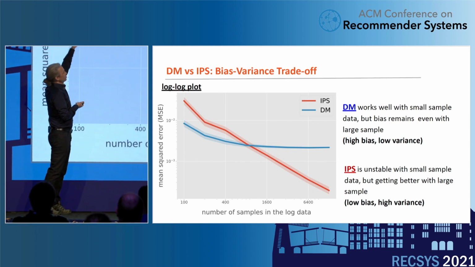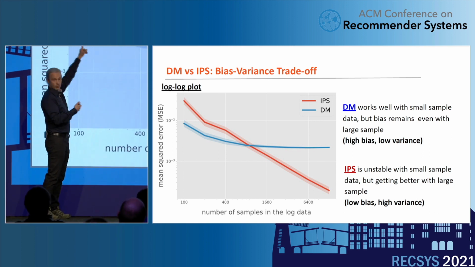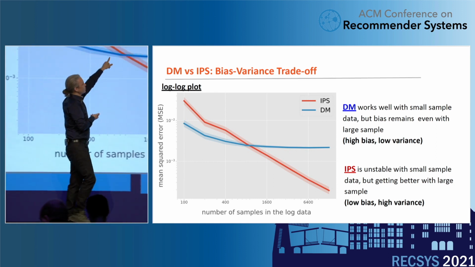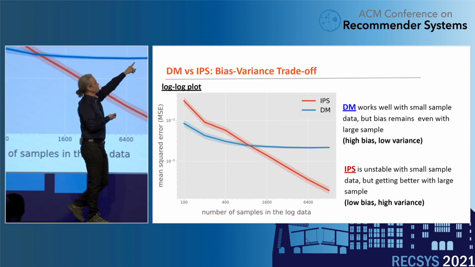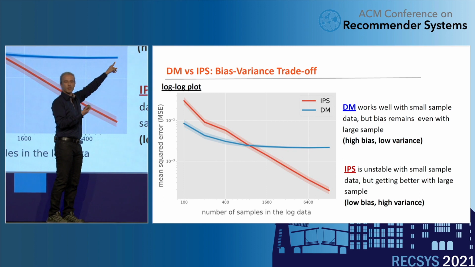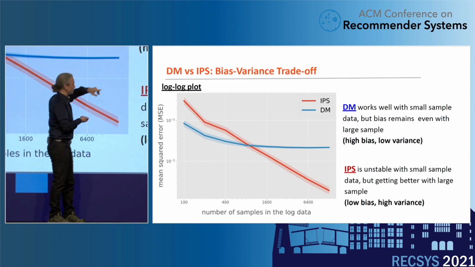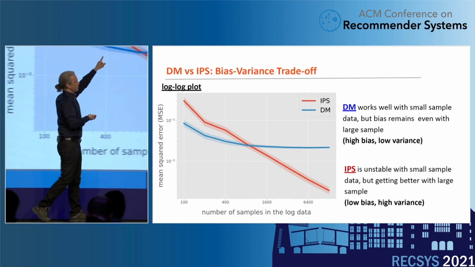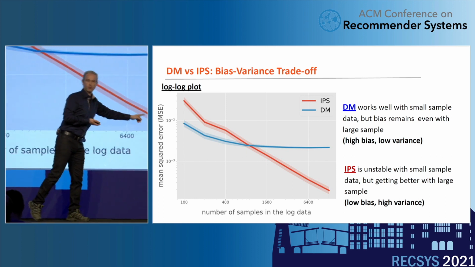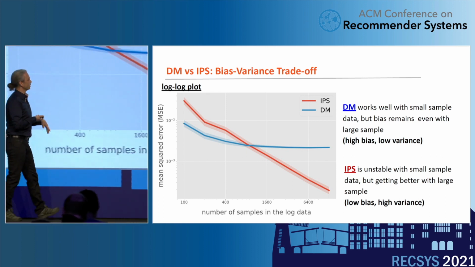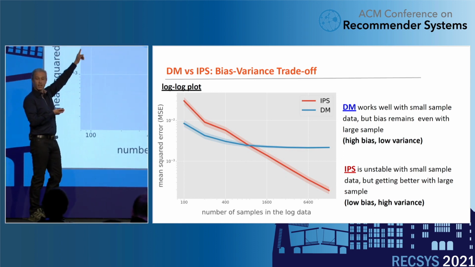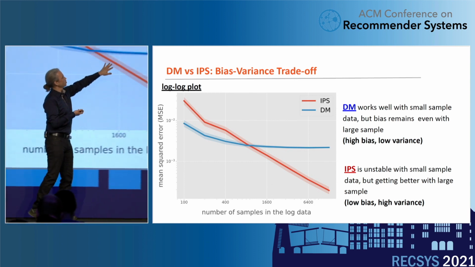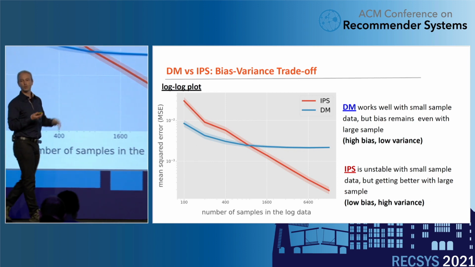For the model-based direct method, where you're imputing the rewards, you are biased, which means that if you add more and more data, eventually the estimator doesn't get any more accurate. For the IPS method, if you add more data, it becomes more and more accurate, just like an A/B test becomes more and more accurate if you run it longer. But in the beginning, if you have little data, the variance of your estimator can be large, right? We know that this is unbiased, so any error in the IPS estimate must be due to variance.